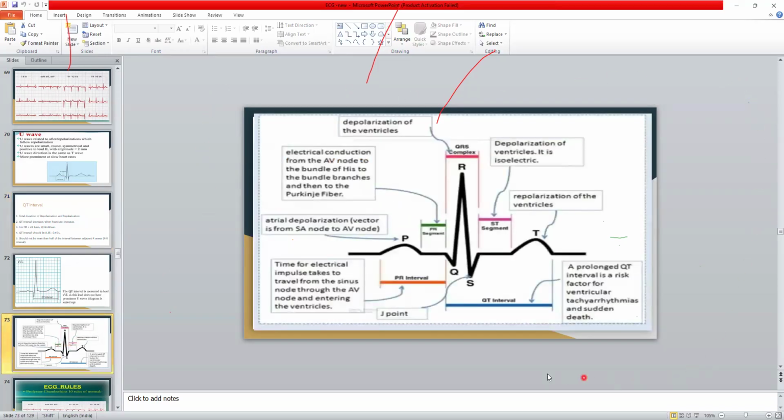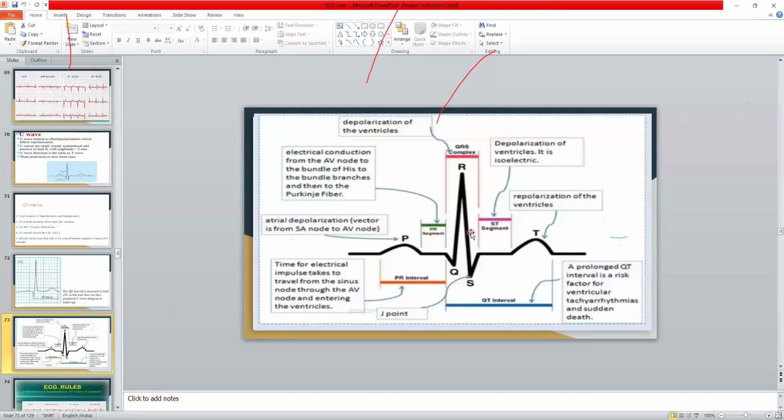This is the slide showing the PQRST complex, explaining all the waves, segments and intervals. This is the P wave, QRS complex, T wave, PR segment, ST segment, PR interval, QT interval, QRS interval, and this is the J point.